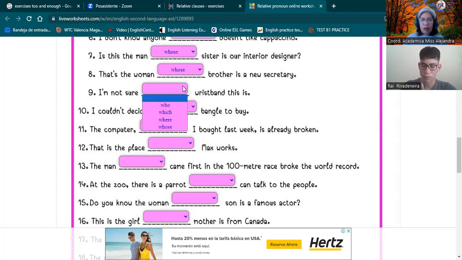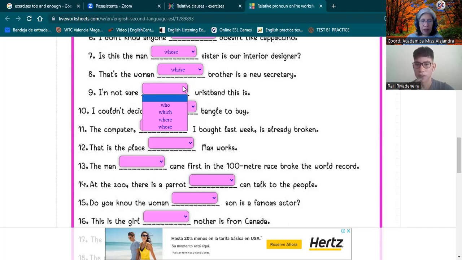I'm not sure. Wristband es el brazalete, el que se usa para identificar. Not the one you use as jewelry. A wristband in this case is something with your name that they put at the hospitals.